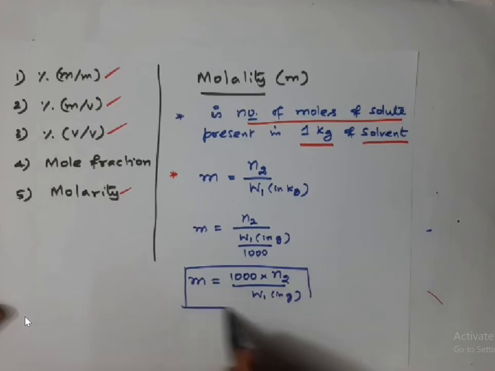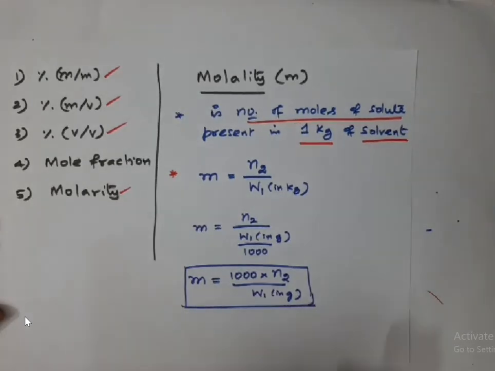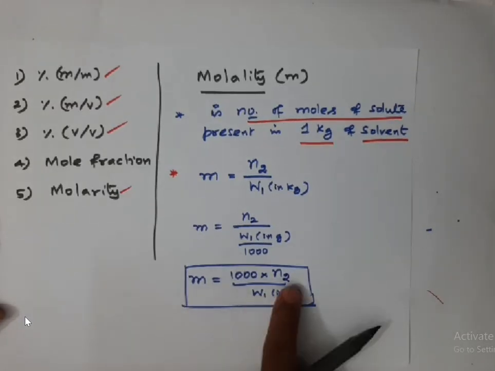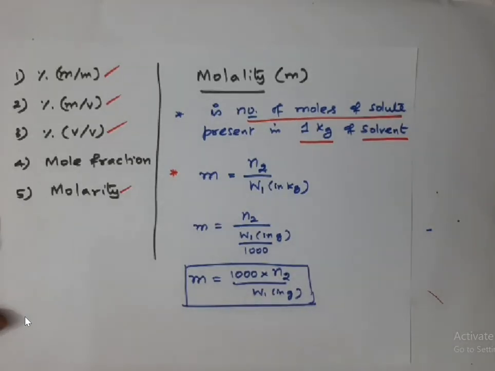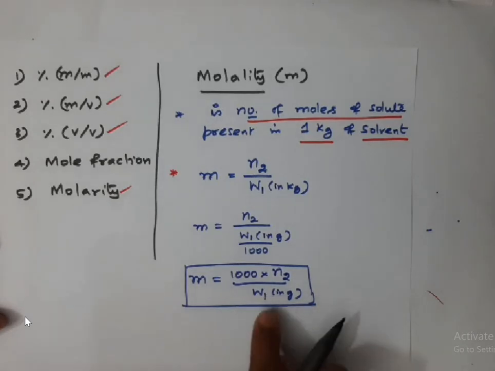This is the formula we use to calculate molality of a solution. Molality is the number of moles of solute present in W1 gram of solvent.